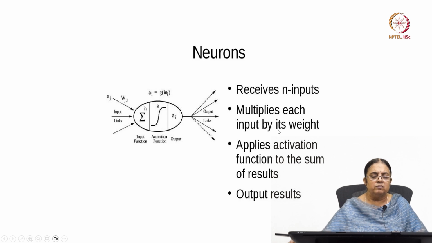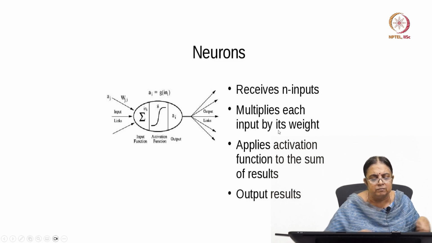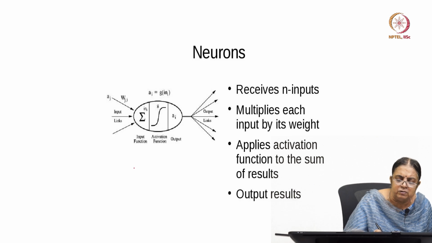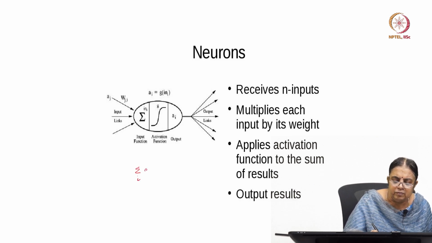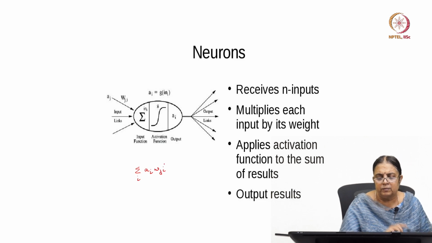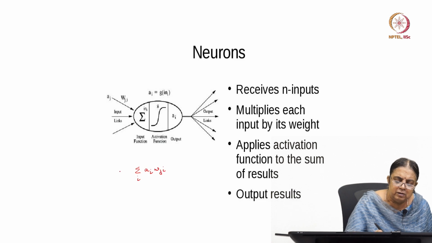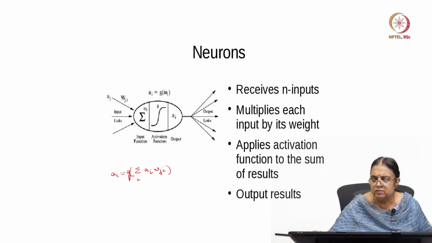So what you have is this will be equal to sigma over i of a_i times W_ji, and G of this will be your a_j, which you are getting out from here.